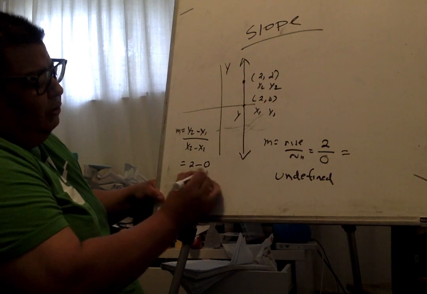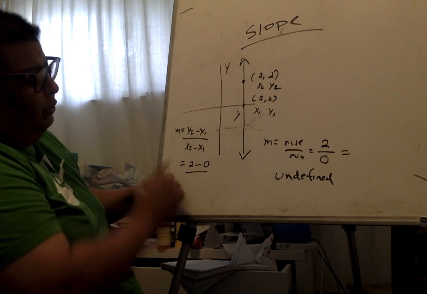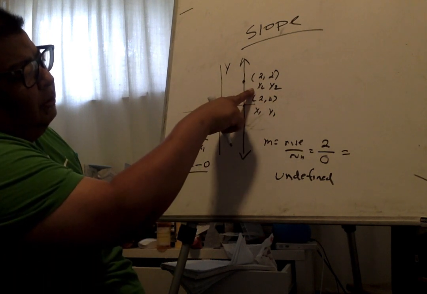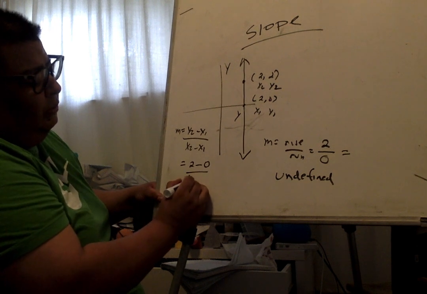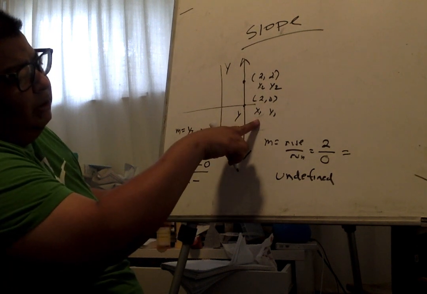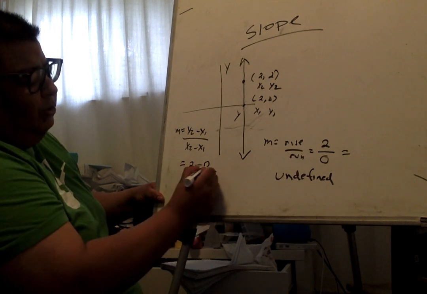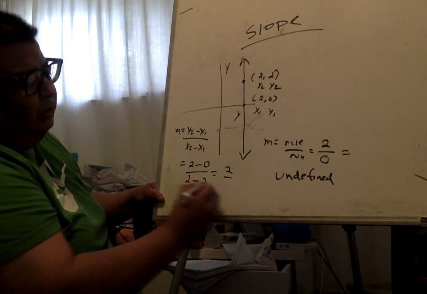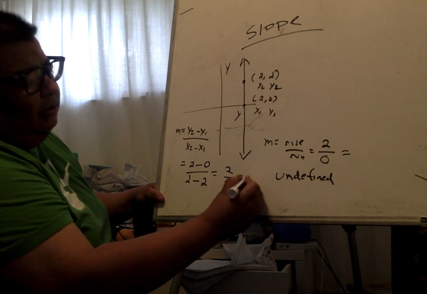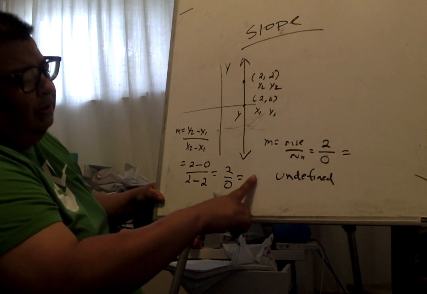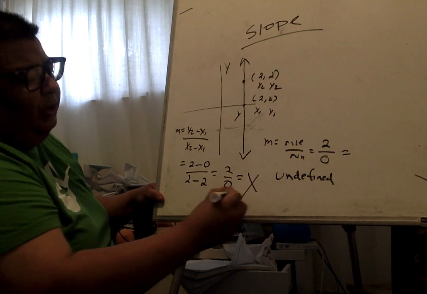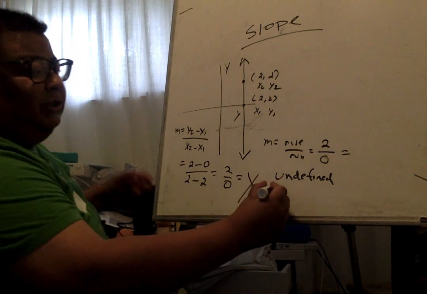So 2 minus 0 over x2, which is 2, minus x1, which is 2. So we have 2 minus 0 is 2, over 2 minus 2 is 0. So this is undefined, the same thing. It doesn't exist. So we don't have a slope. The answer is undefined.